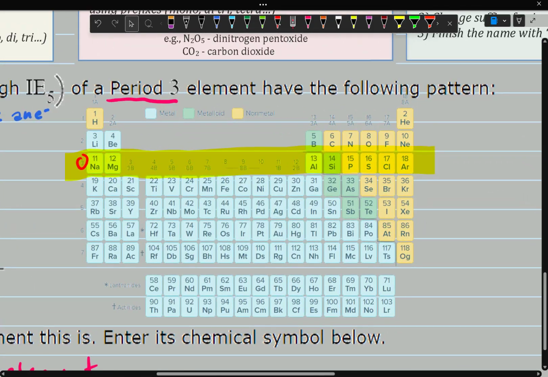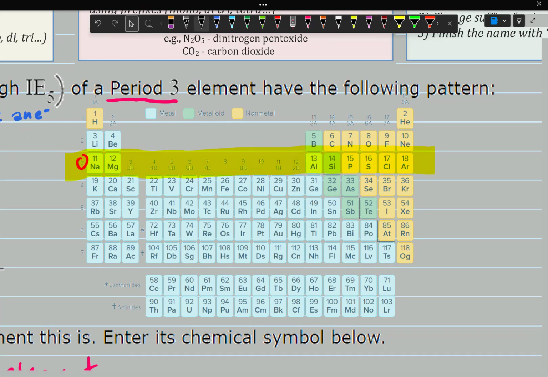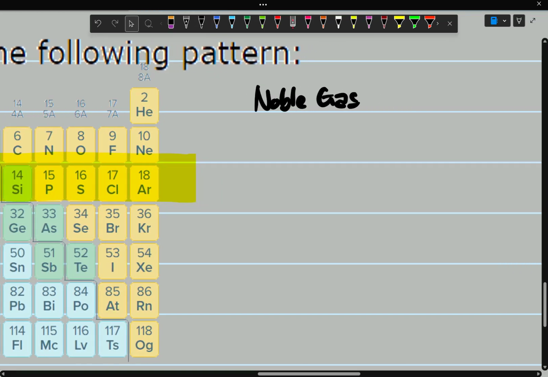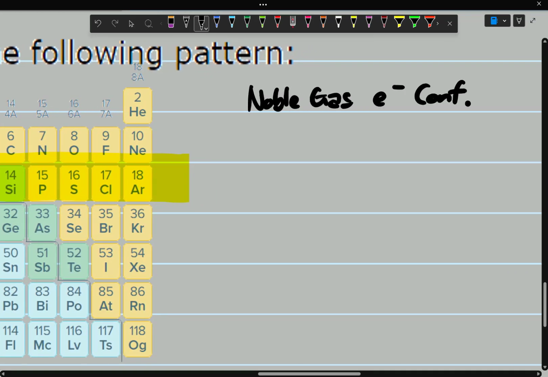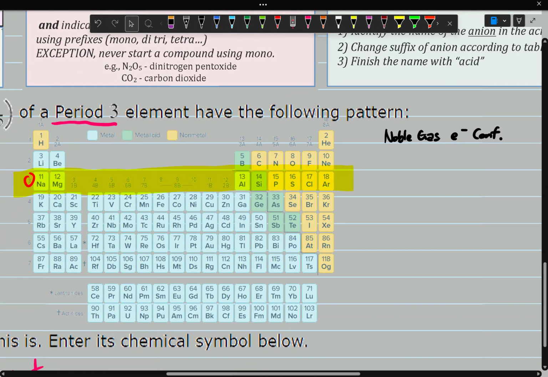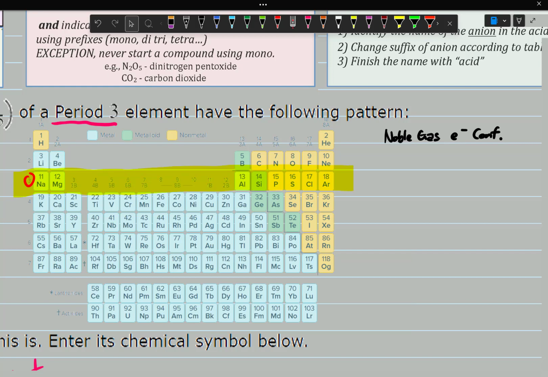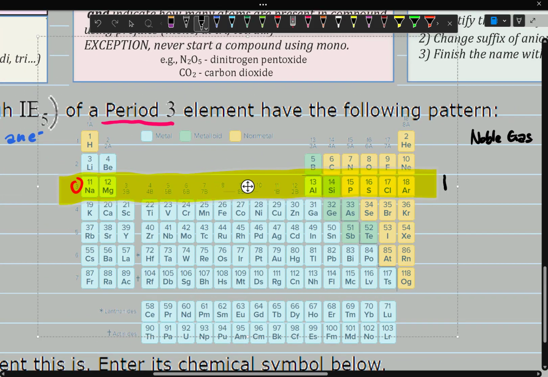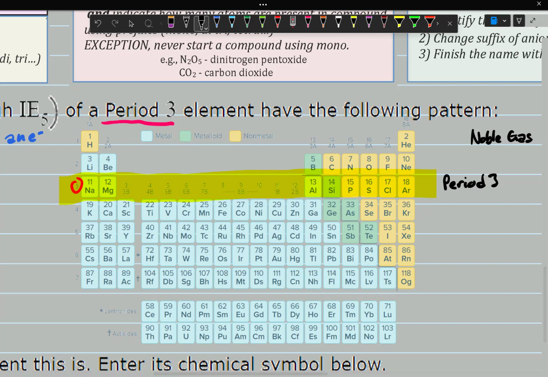So when we're talking about electron configuration, you'll remember that we have something called the noble gas electron configuration. The noble gas electron configuration is not only a great way to write shorthand electron configurations, but it's also a good way to tell us what our valence electrons are. We're told that the element we're looking for is in period 3.